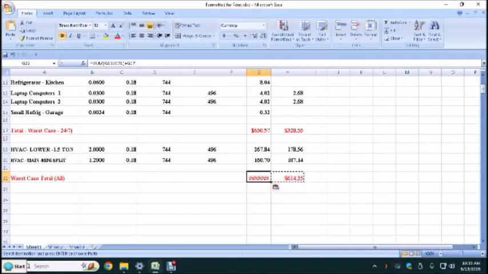This would be my sort of minimum if I controlled everything and dropped down hours of use. So I'm going to be between these two ranges pretty much all the time. In July and August, these numbers can be up there.